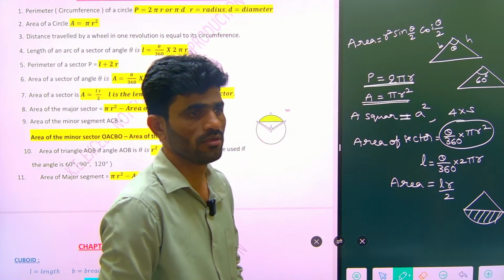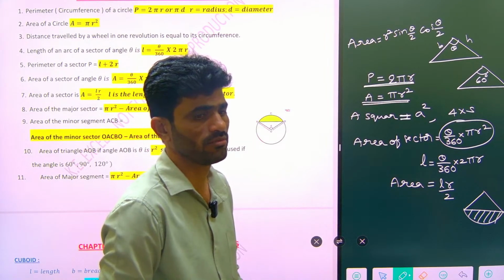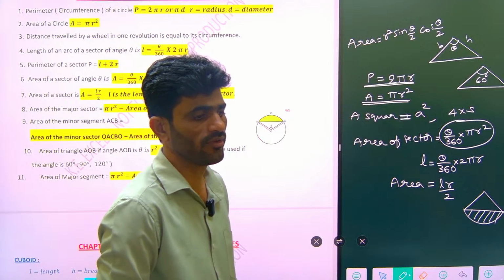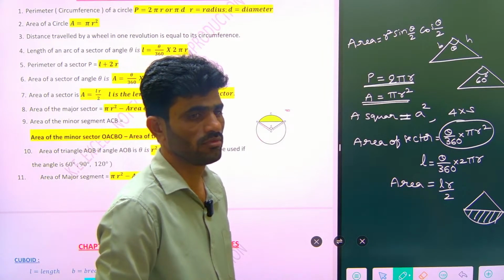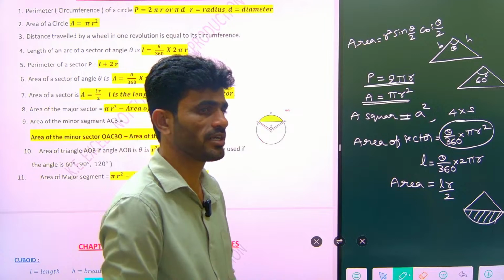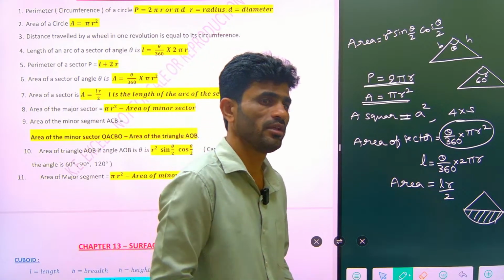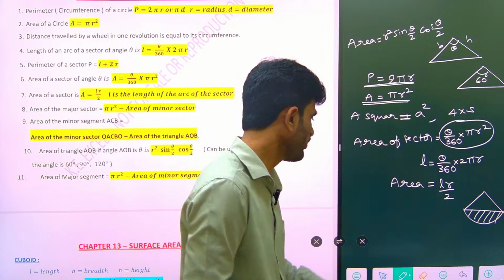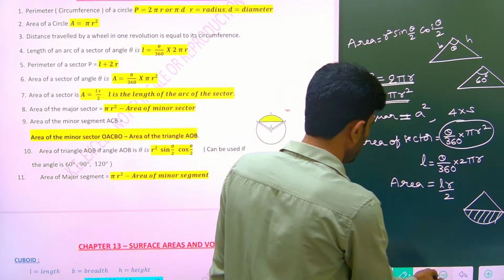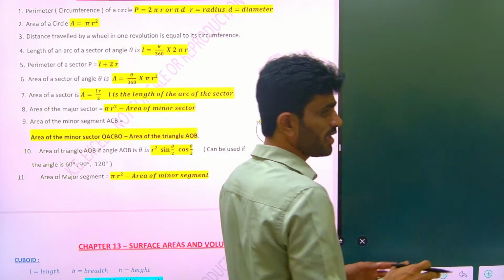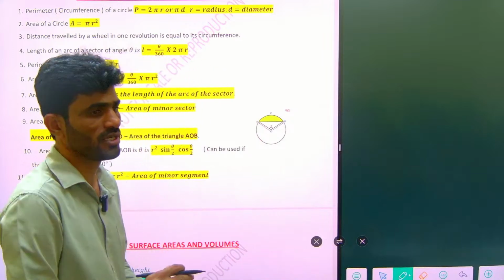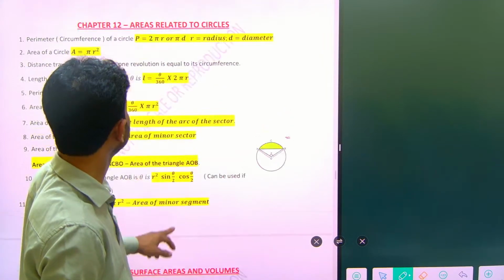Remember, here you should be very careful. In which case, what triangle area we have to find out? Area of sector minus area of triangle gives the area of the minor segment. If you want the major segment, area of circle minus area of minor segment. Okay, you have to observe the figure carefully, from which area should be subtracted.